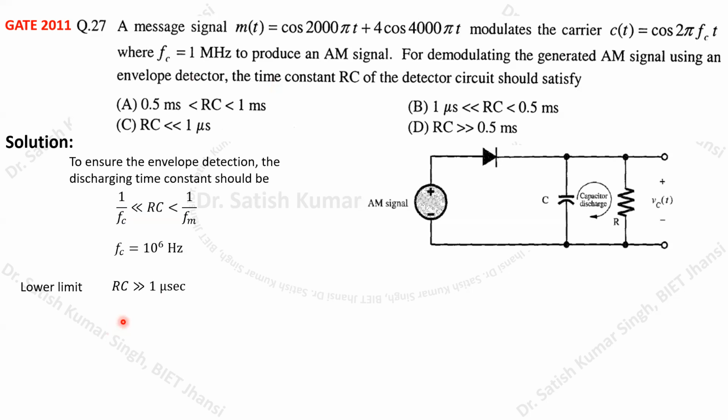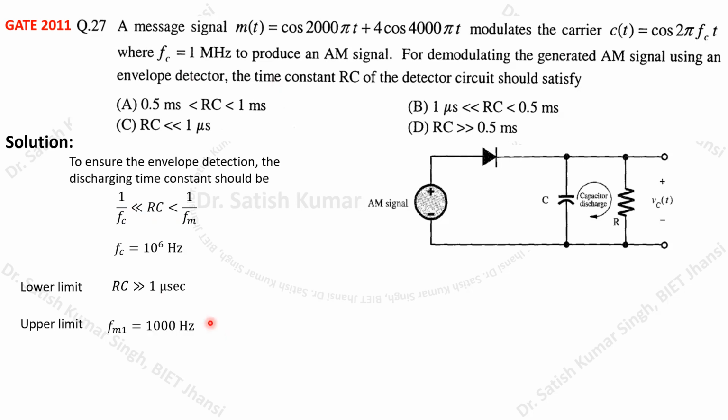Now we have to calculate the upper limit, so we have to choose the message frequency fm. Because it is a multi-tone signal, if we choose these two different frequency components, we get two different conditions.